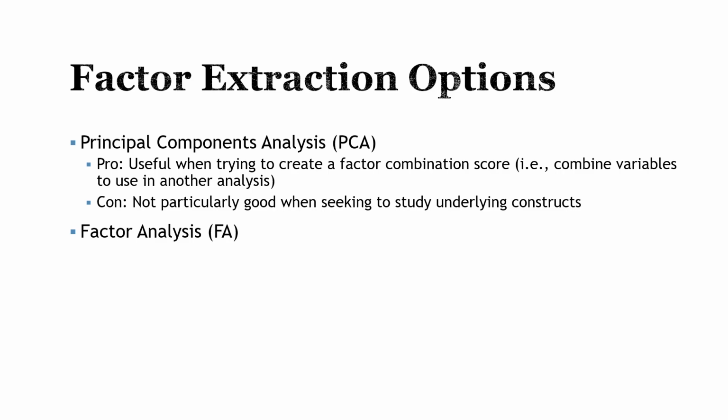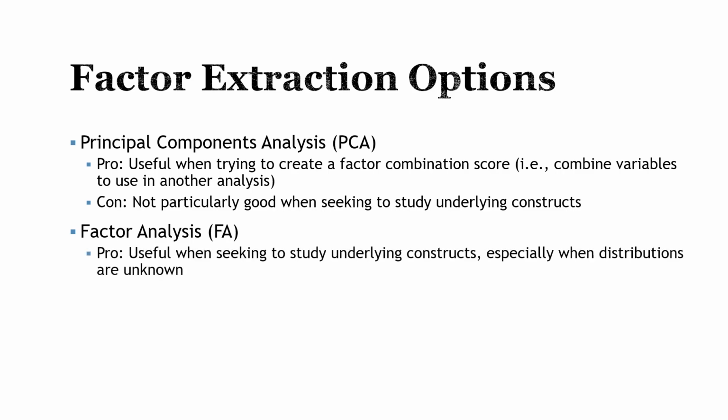The factor analysis approach, I think, is better when trying to understand the underlying constructs, and this is my default one. If I'm making the factor combination score, I might use a PCA, and PCAs are faster. I guess it's worth mentioning. I don't think I have it on the slide, but that's why they've been used historically, because they are faster.